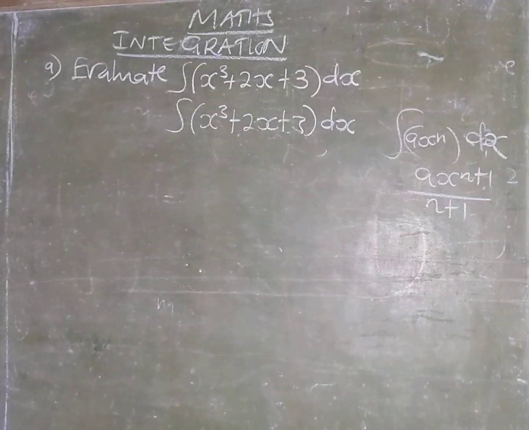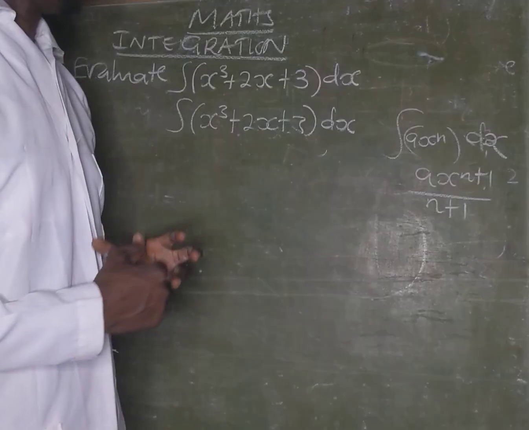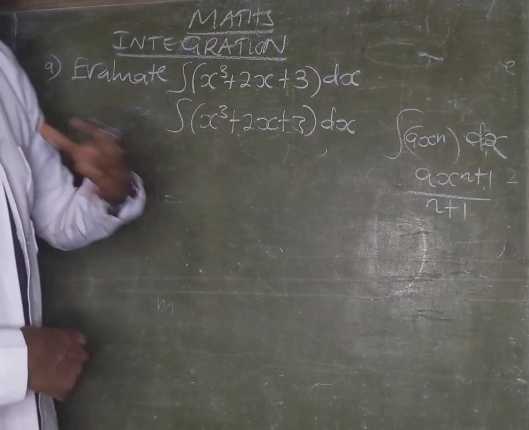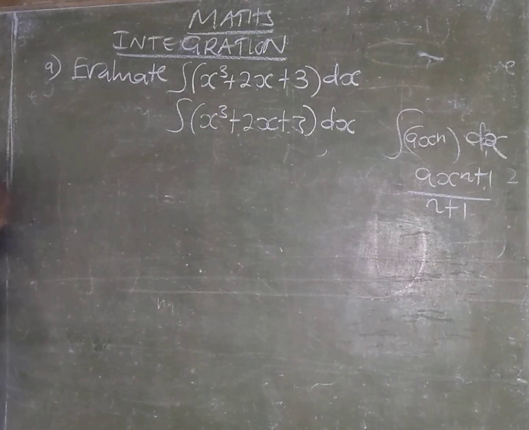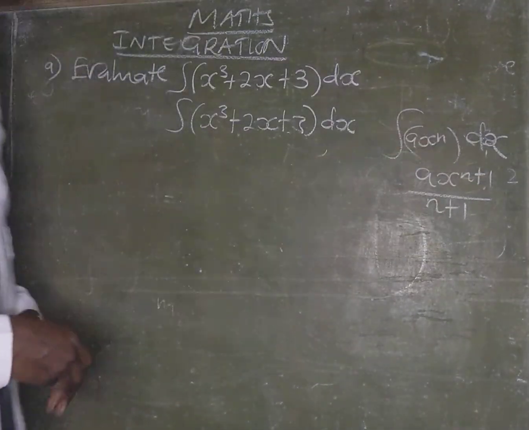Simply put, you increase the power by adding 1, and then you divide by the same new power.